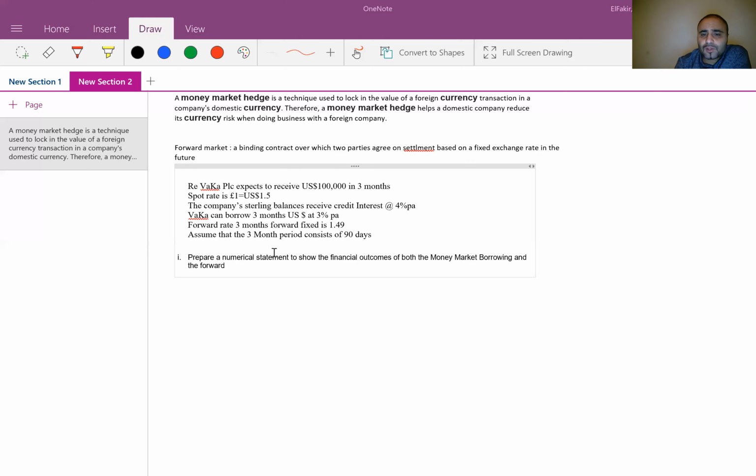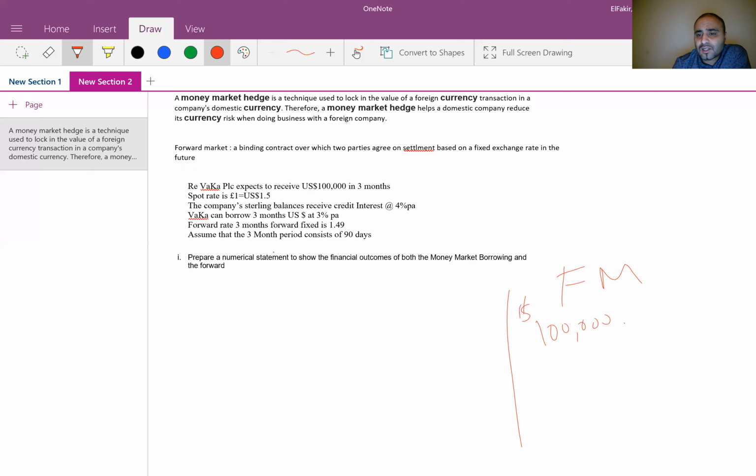Okay, so here we are going to compare the outcome for the company using the forward rate and using the money market rate. Now, the simplest of all is actually the forward market rate. So this is the forward market. The company is supposed to receive $100,000 in 3 months.